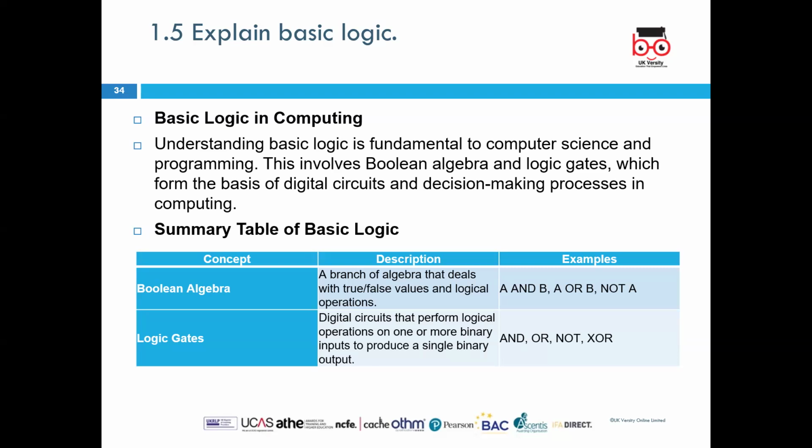Boolean algebra is basically a branch of algebra that deals with true and false statements, such as AND and OR. Then we have logic gates, which are digital circuits that perform logical operations on one or more binary inputs to produce a single binary output.